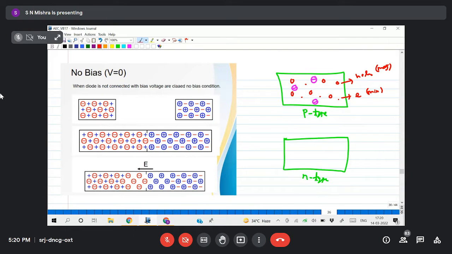Let me take another hole. It is balanced. Okay. Similarly, tell me, in the N type, electrons are majority carrier, holes are minority carrier, and what type of ion will I find? Positive.